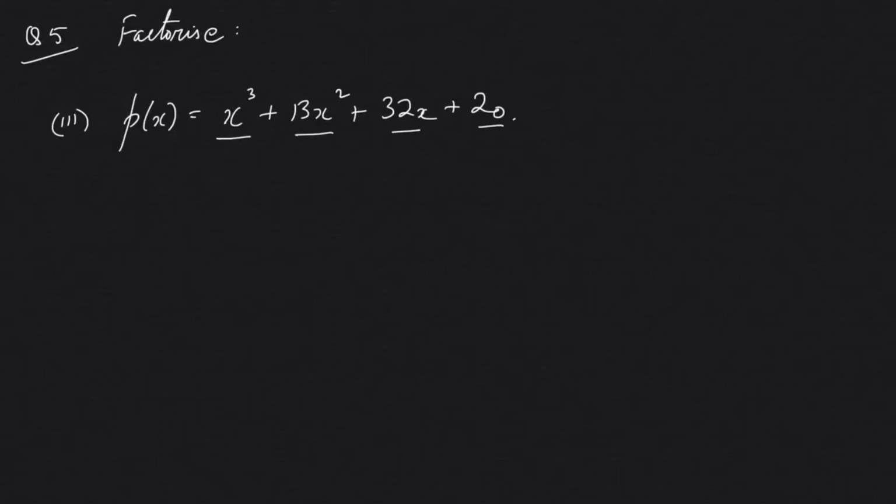Next, there is a constant term, you can check, that is here 20. There are no variables in it, it is just a pure number. So here the constant term is 20.